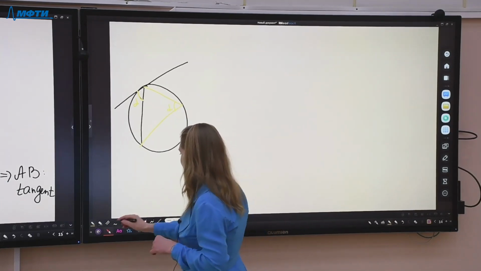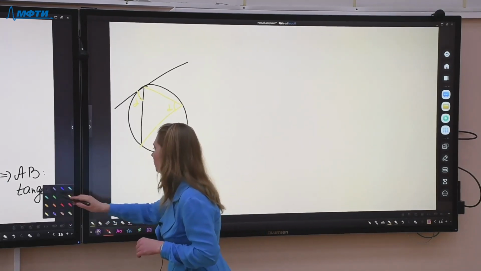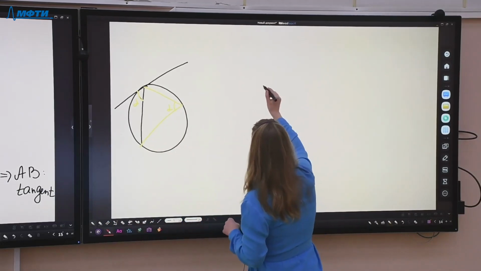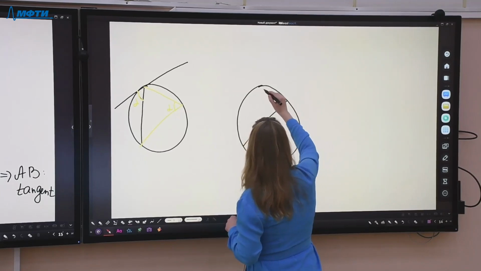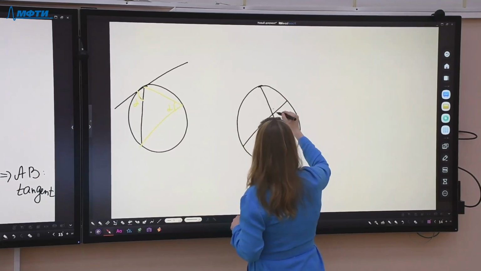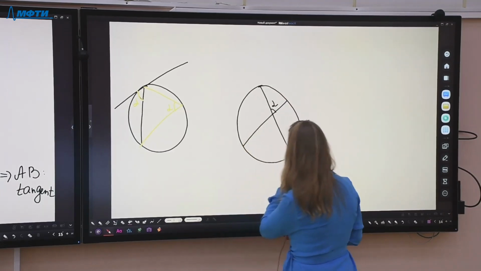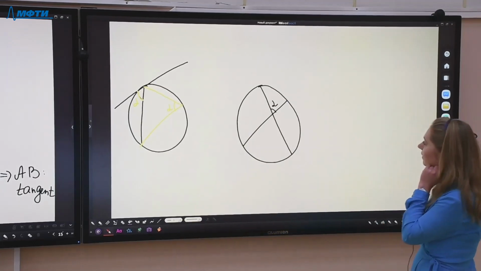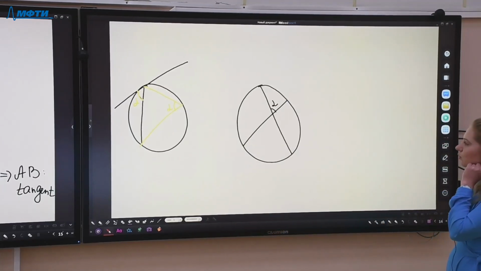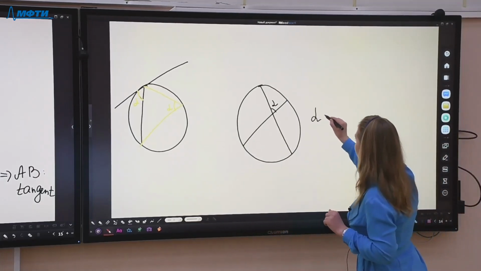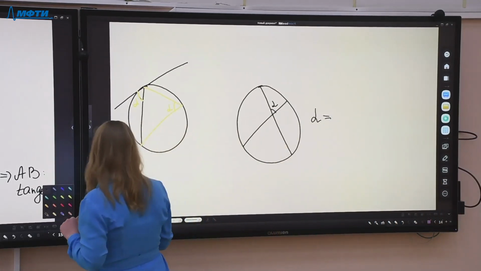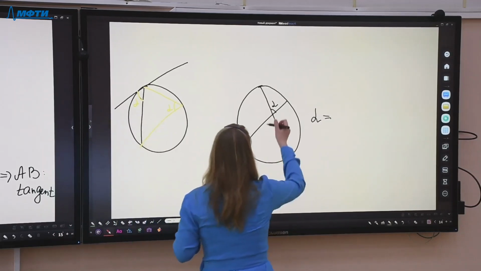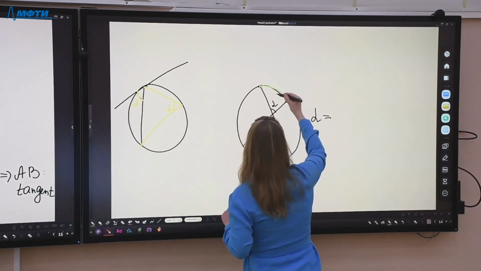Also, if we have two intersecting chords inside a circle, this is alpha, we can say that the angle between these two chords is half of the sum of these two arcs.